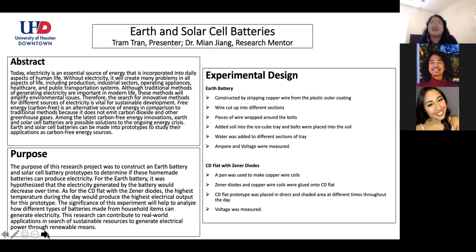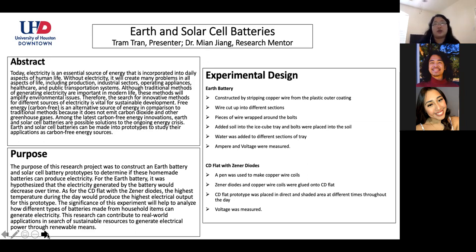This will go over Earth and solar cell batteries. As we all know, electricity is a major source of energy. We use electricity in basically everything in our modern life, from appliances, healthcare, public transportation, and more.